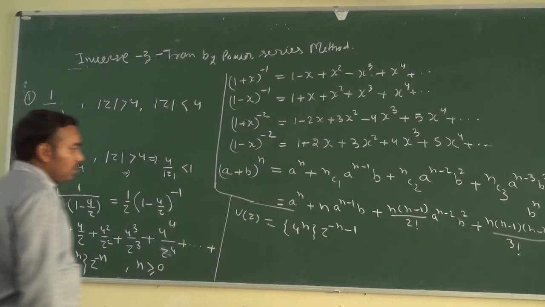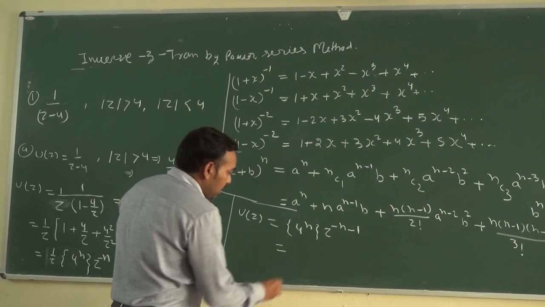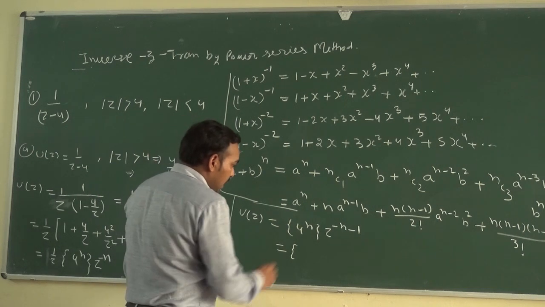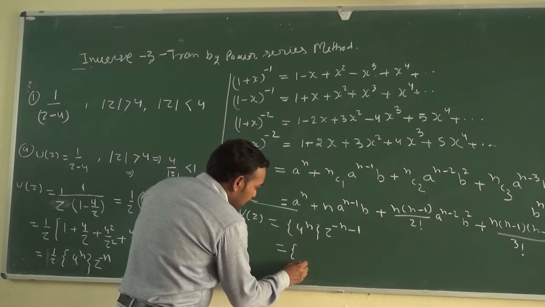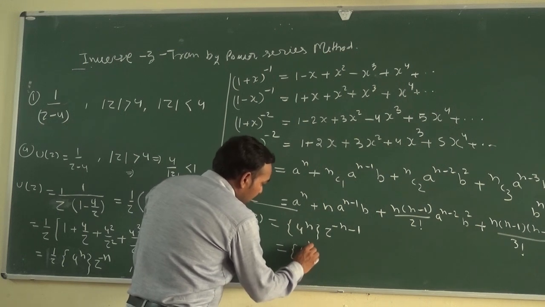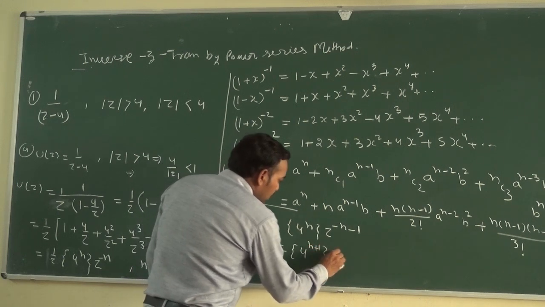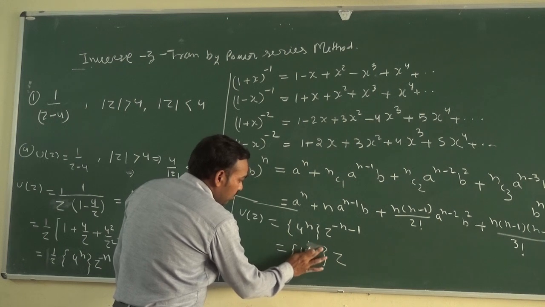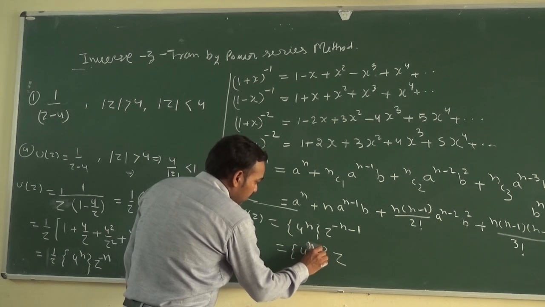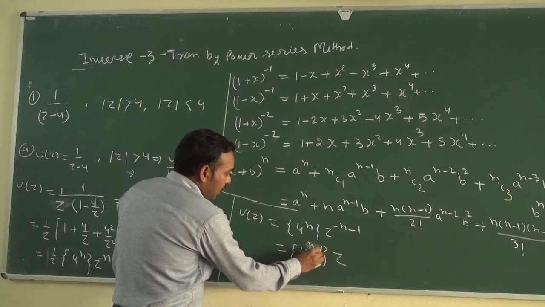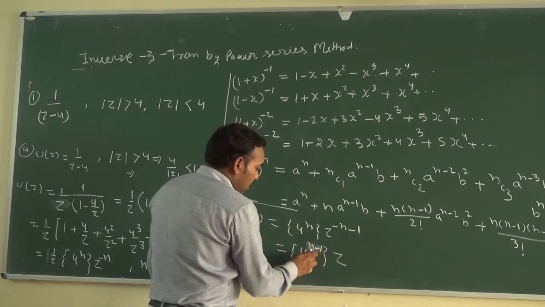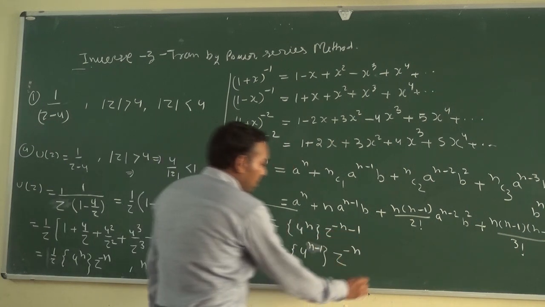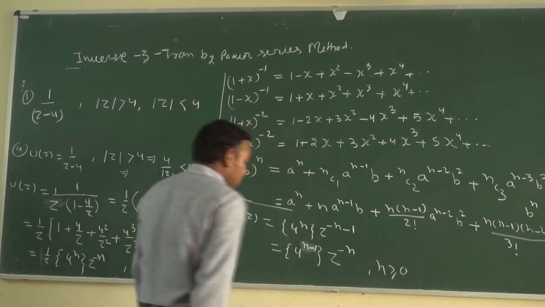Replacing n by n minus 1, we get 4 to the power n minus 1 and z to the power minus n, for n greater than or equal to 0.